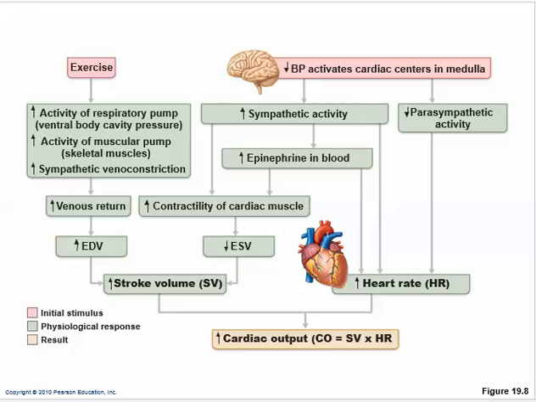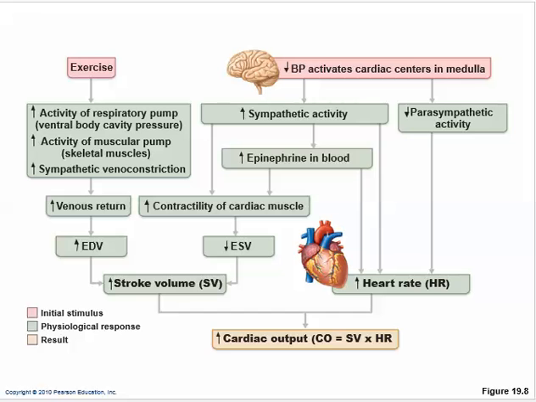Okay, this is an interesting thing, because if you're exercising, that means you have more respiratory pump, more muscular pump, and more sympathetic venoconstriction. The veins are more constricted, which means you have more venous return, which means you have more end diastolic volume in the heart, which means more stroke volume, more cardiac output, and more blood pressure.